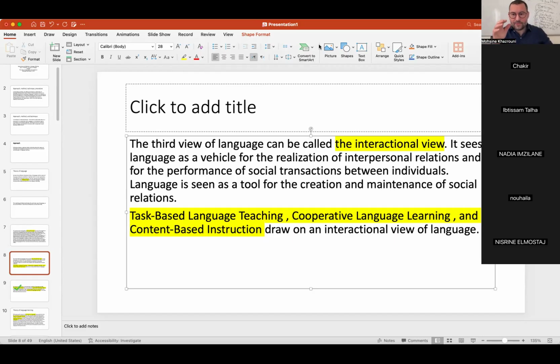We're going to talk about this, Ibtisam, in more detail when we talk about communicative language teaching, to know more about what we mean by communication. When I say communication, I have to have a relationship between me and someone else, and we should also have a context. You know context?